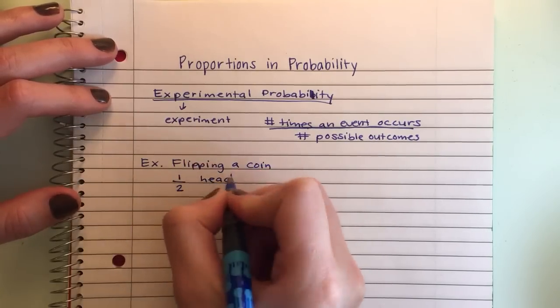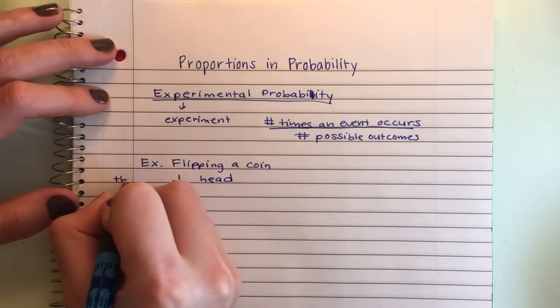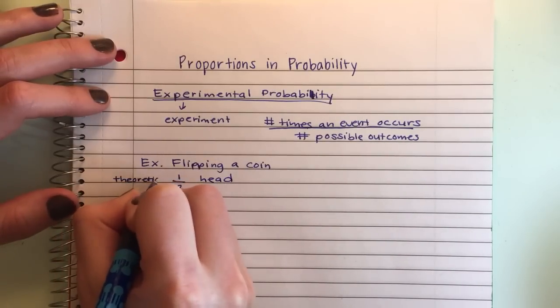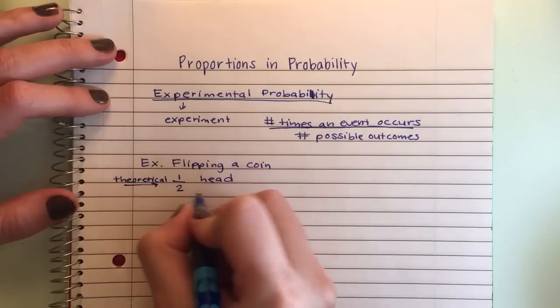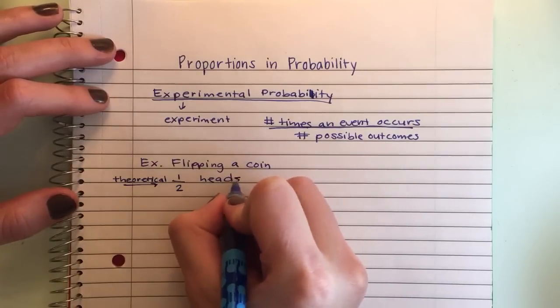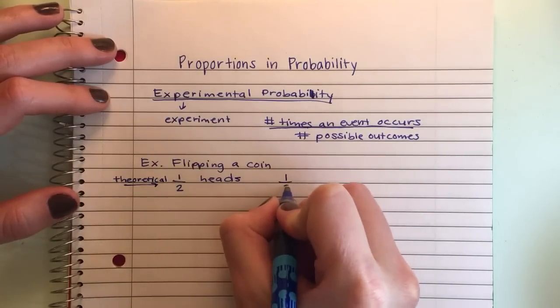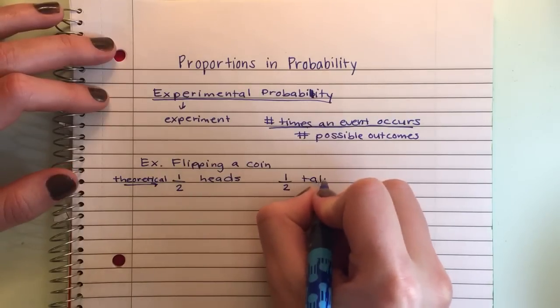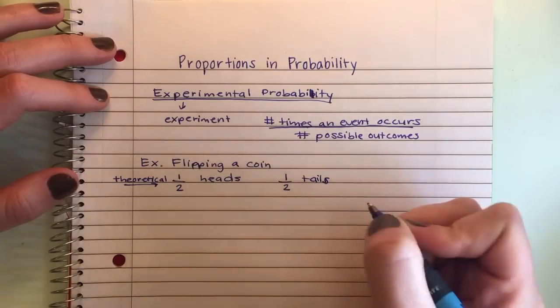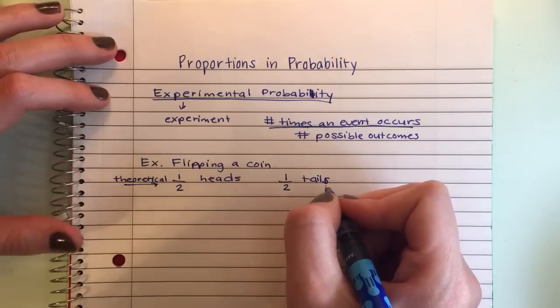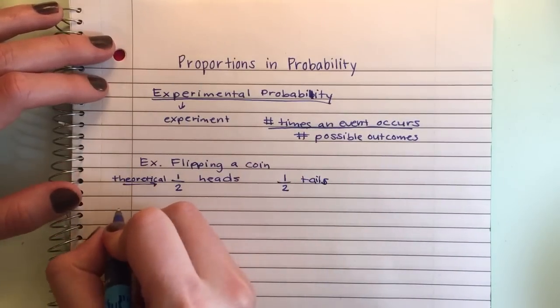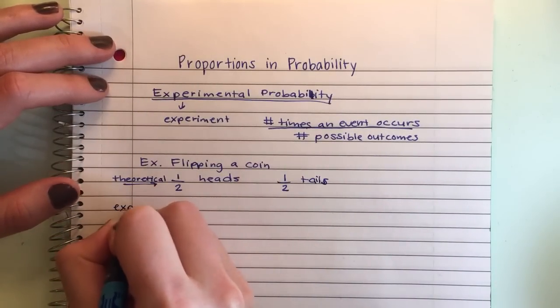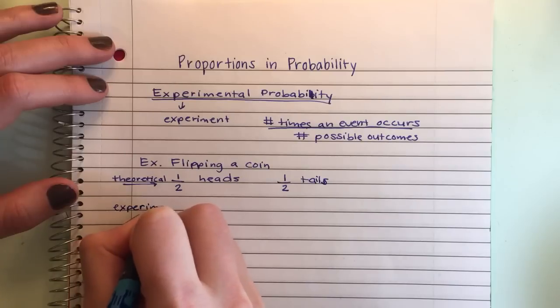So the theoretical probability would be that if I flipped it, I would land one time on heads, or I might land on tails. But the experimental idea is that, say I flip a coin 1,000 times.